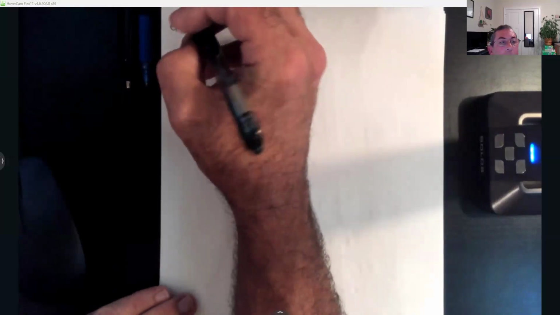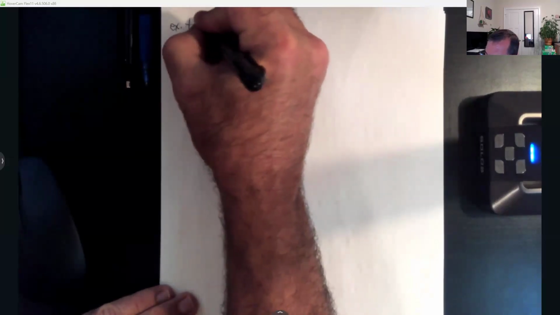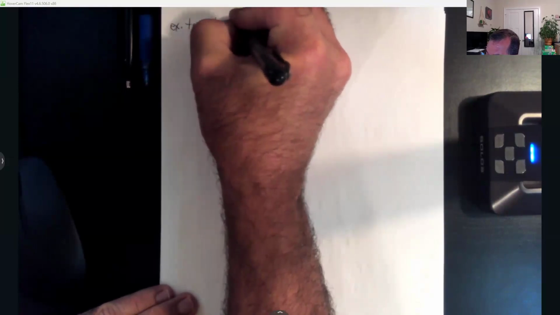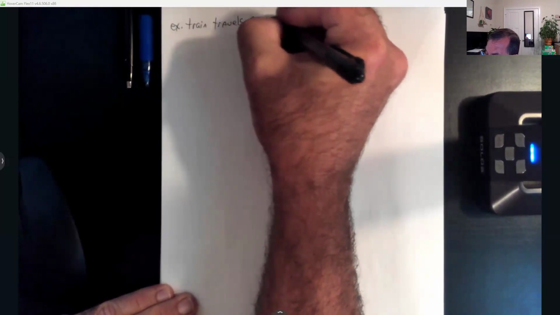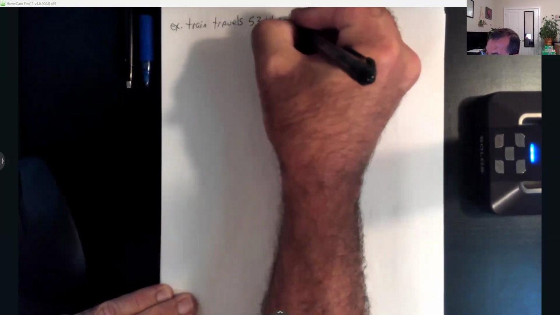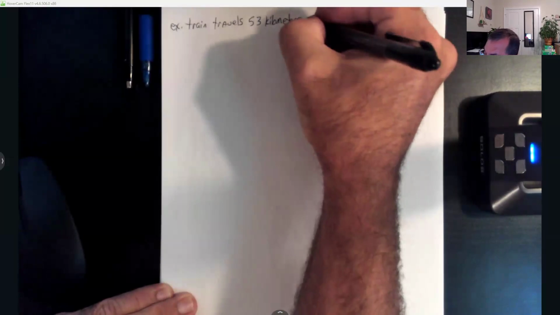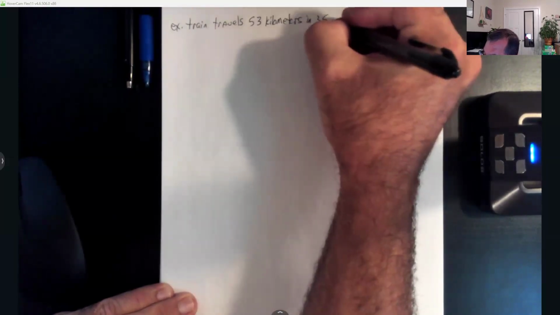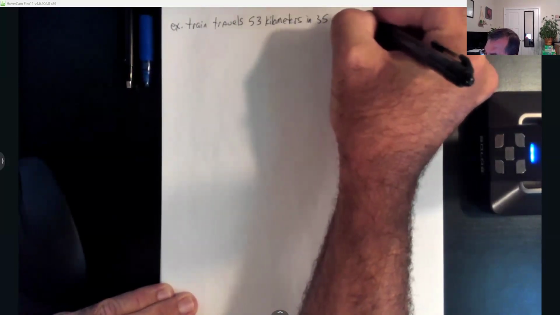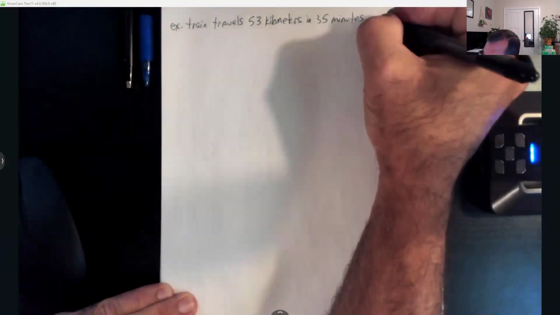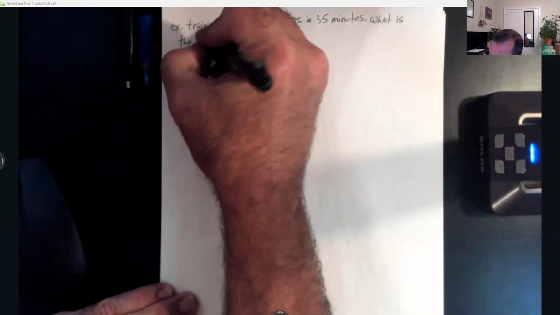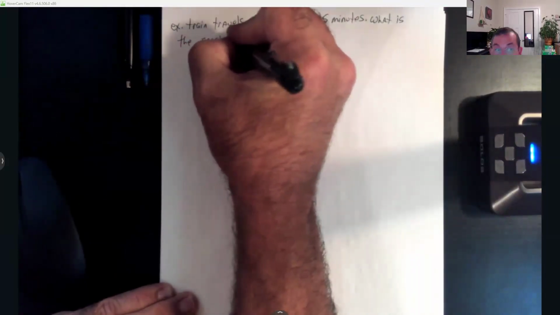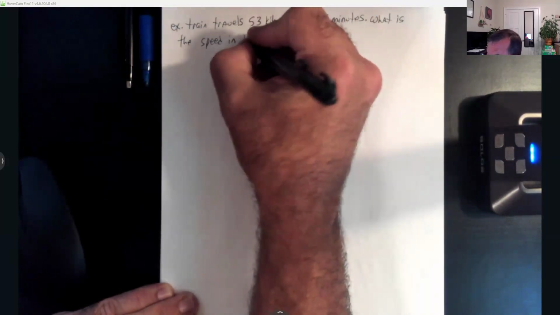All righty, so this one says a commuter train, so a train travels 53 kilometers in 35 minutes. What is the speed in kilometers per hour?